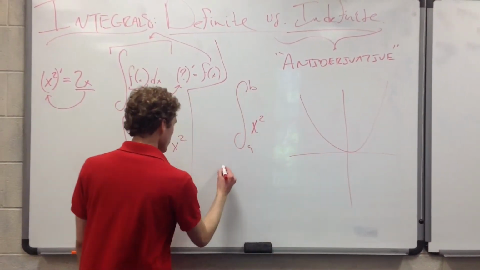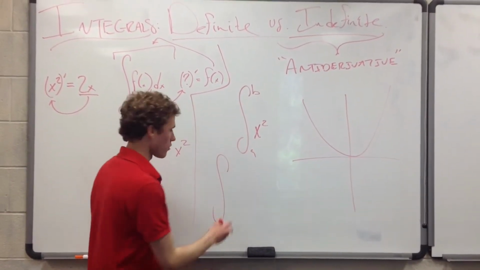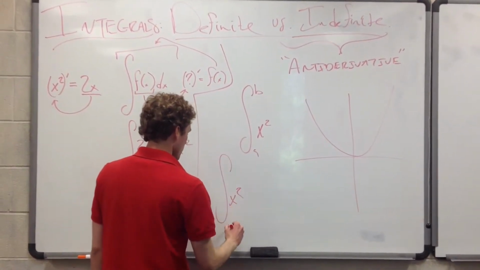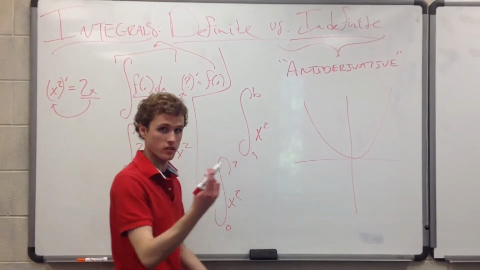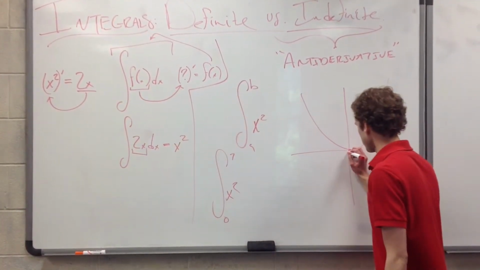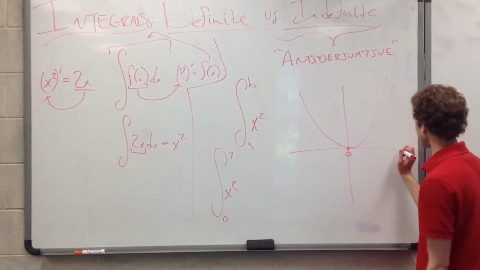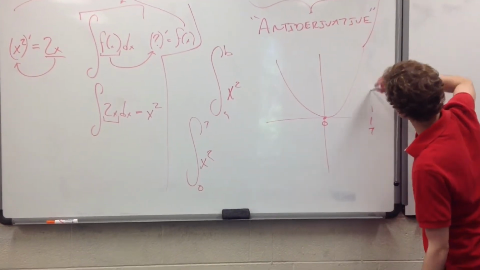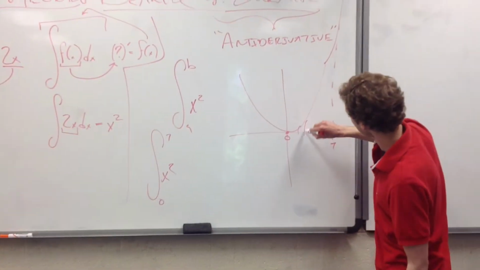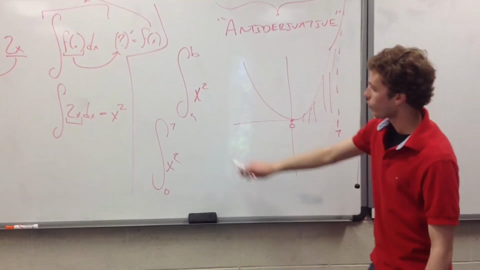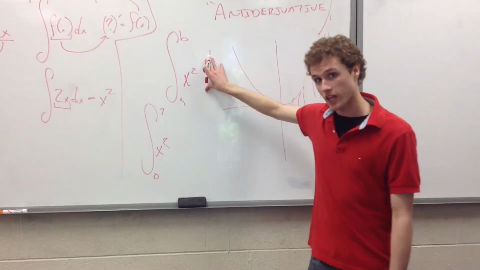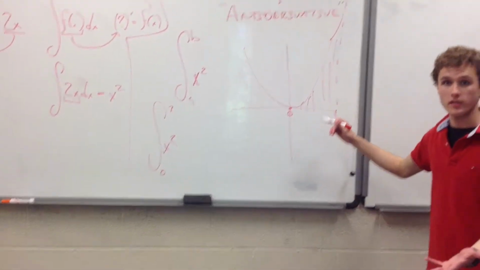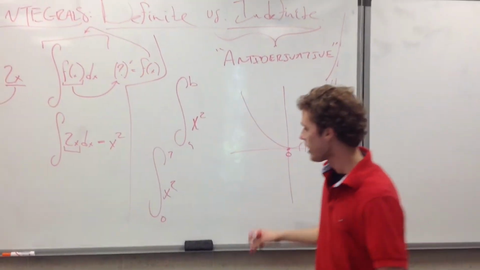This could be saying the definite integral of x squared over 0, 7. So here's 0, and we'll say here's 7. The function goes up here, so how much area is in here? Well, if you take the definite integral, you're going to find out how much area is in there. You're done. That's all you have to do.